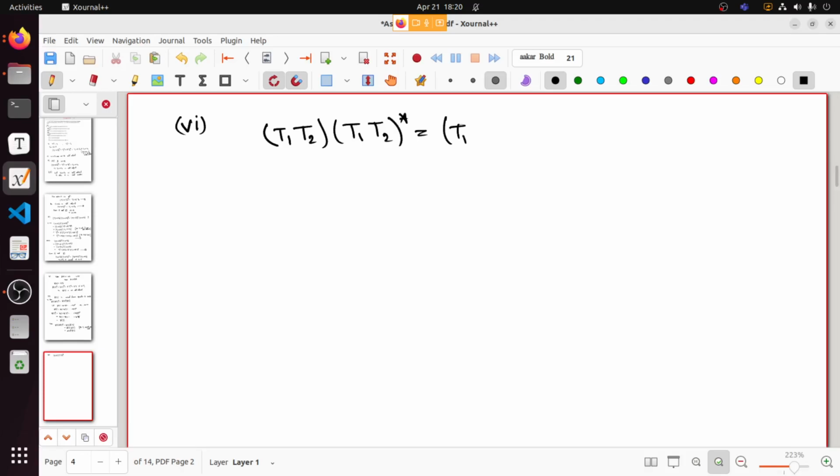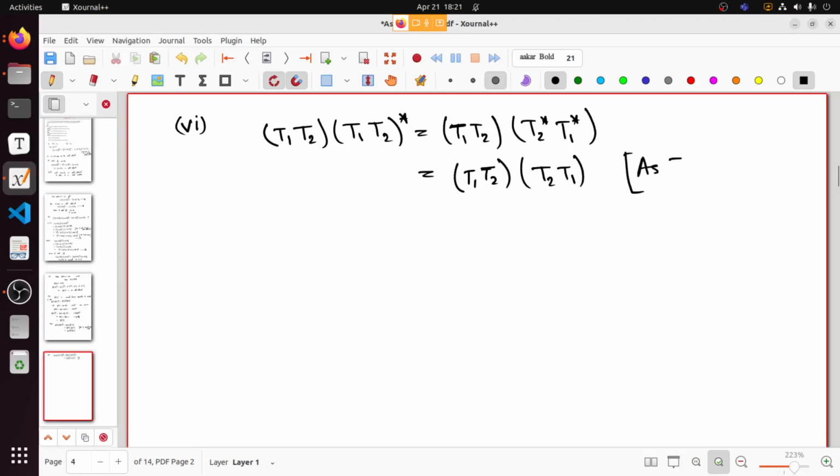So what will it be? It will be T2 star T1 star, and because they are self adjoint, it will be T1 T2 T1, as T1 equals T1 star, T2 equals T2 star.